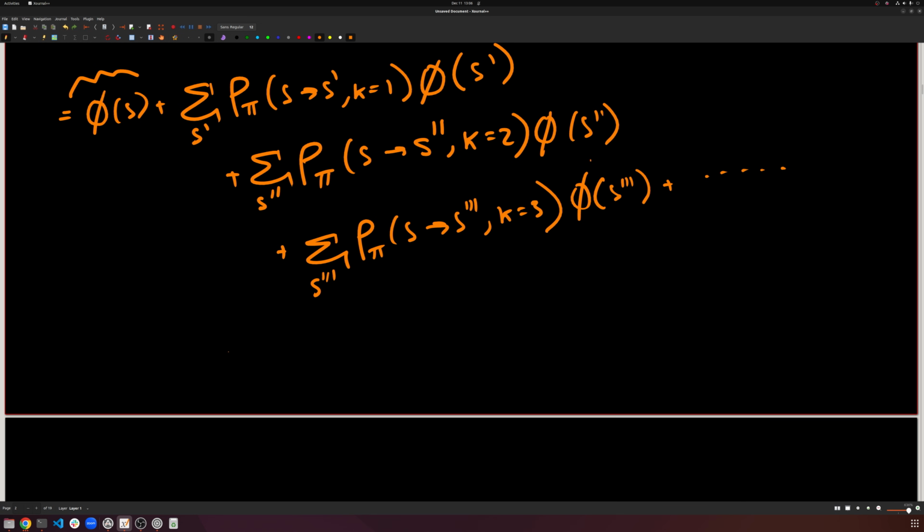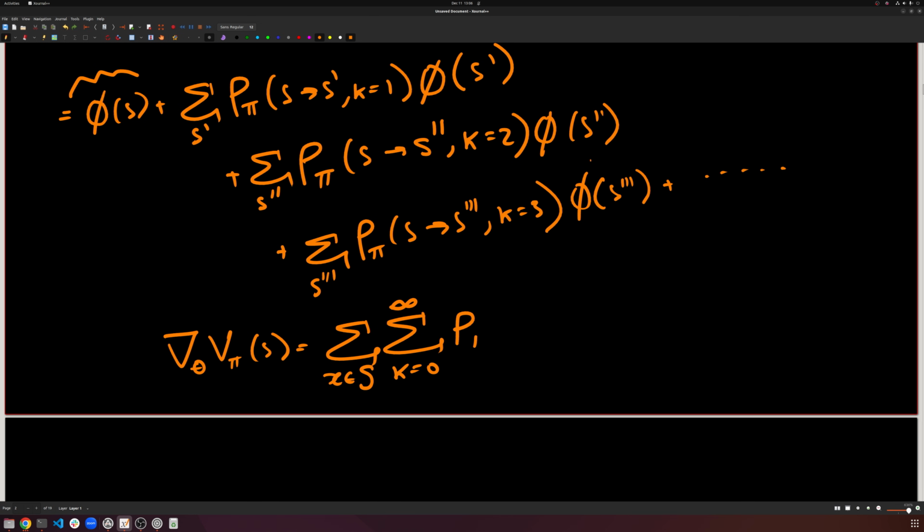But if we say that, then we can write essentially this. We can say the derivative of our value function at some s is basically the sum over x, element of all the states. So sum over all the different states that we have, and then sum over k equals 0 to infinity of rho pi s to x in k steps, and then phi x.